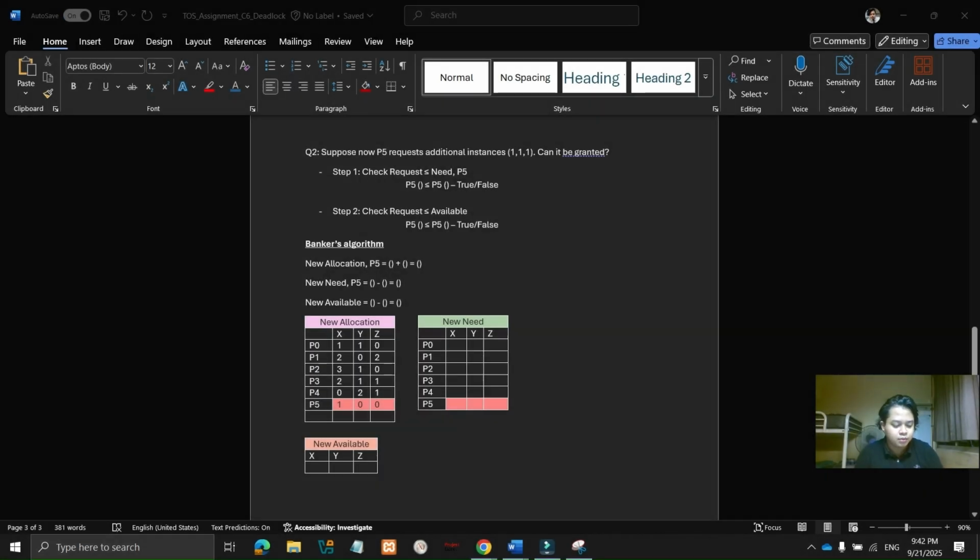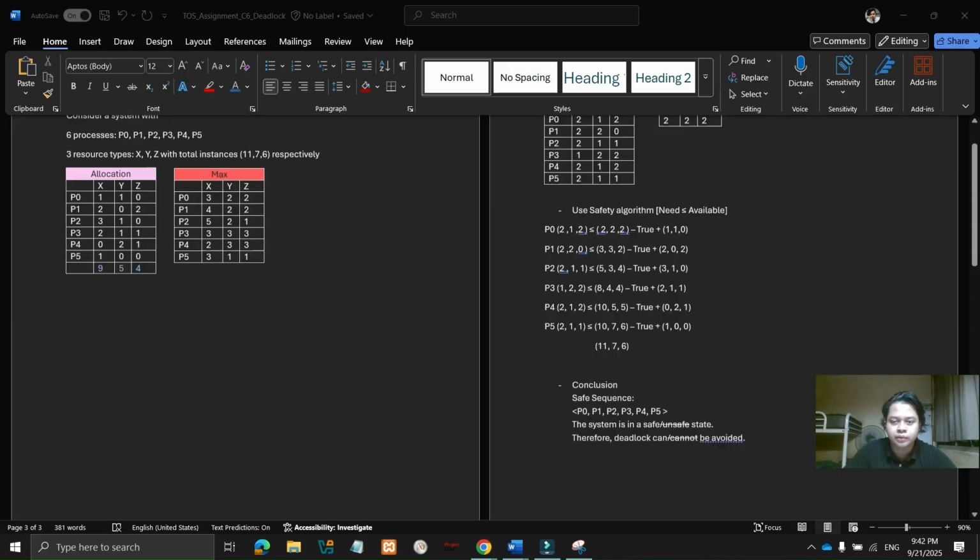Now we proceed to the second question about requesting additional instances. Suppose now P5 requests additional instances 1 1 1. Can it be granted? But before we proceed, we update the table.